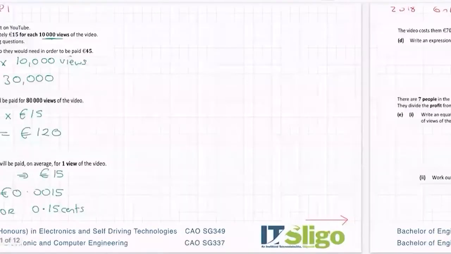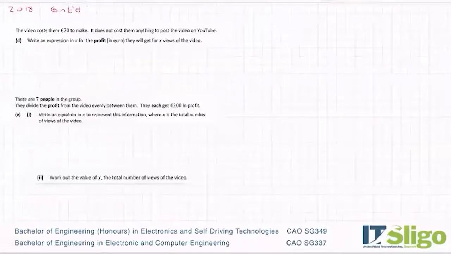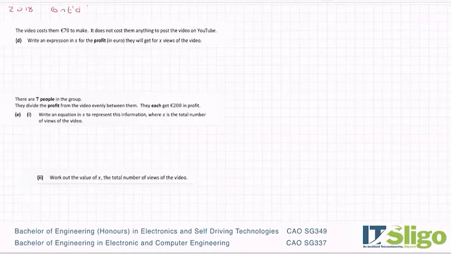Okay, the video cost them €70 to make. It does not cost them anything to post the video to YouTube. Write an expression in X for the profit in euro they would get for X views of the video. Okay, so this is where the question got a little bit harder. So the video cost them €70 to make.